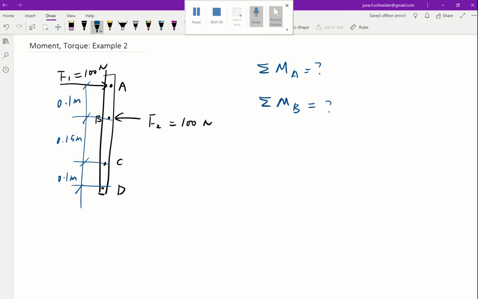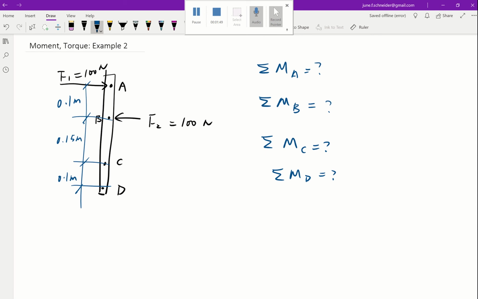Sure, because you can rotate this force about an arbitrary point. And then you can also find the sum of the moment rotating about C and D. So you have 4 of those moments to solve.